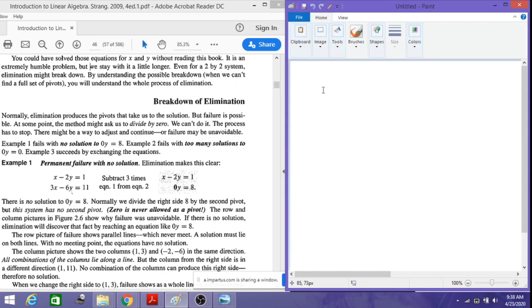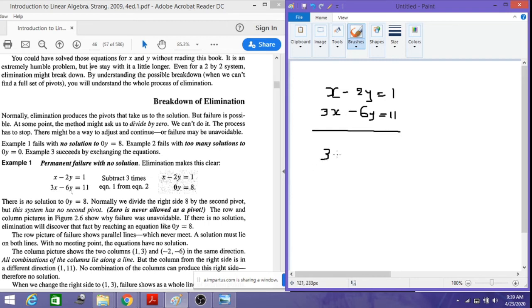New one. So let us take one more equation here, that is x minus 2y equal to 1. This is the same equation as before. Then 3x minus 6y equal to 11. Yeah. So let us take these equations. Now let us try to simplify with the elimination process.